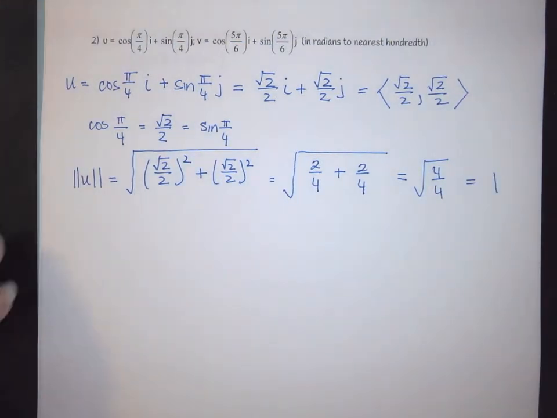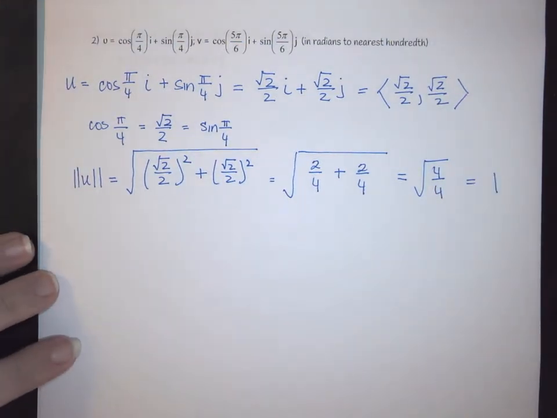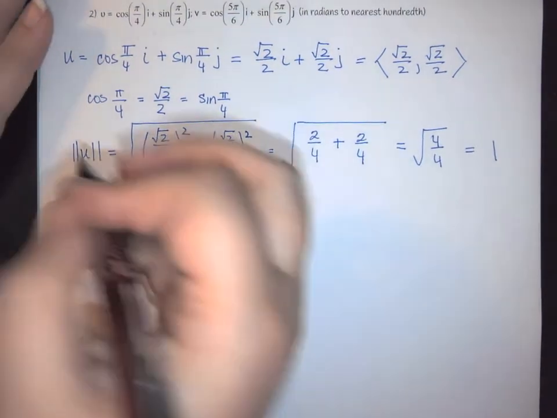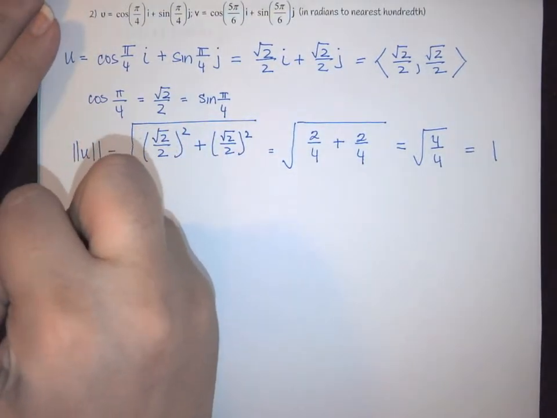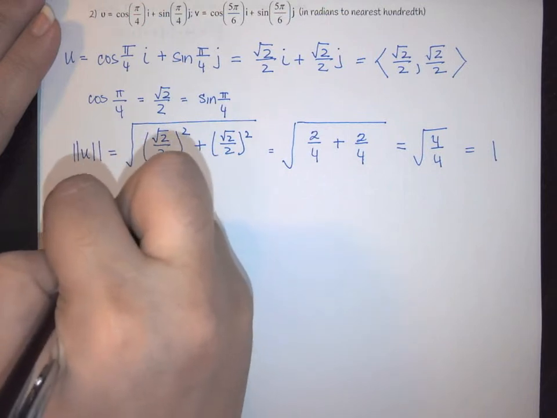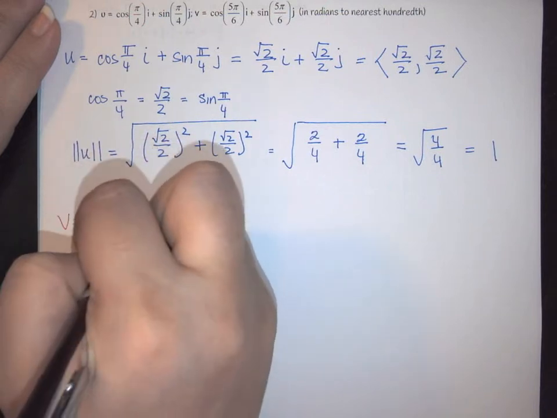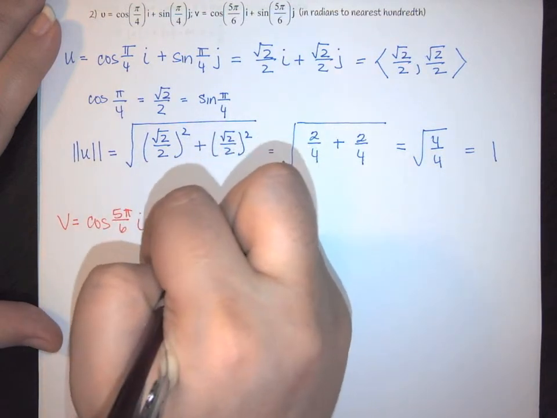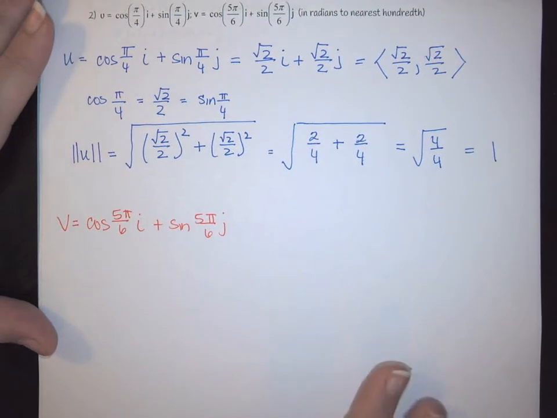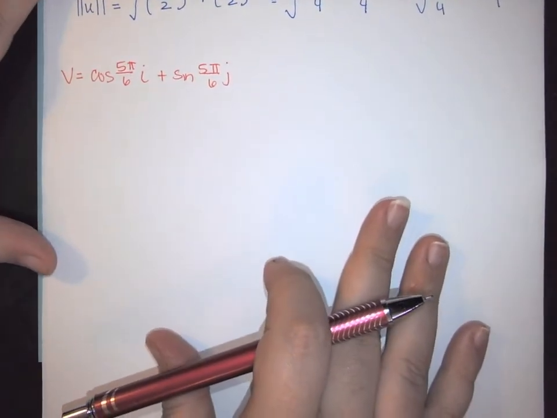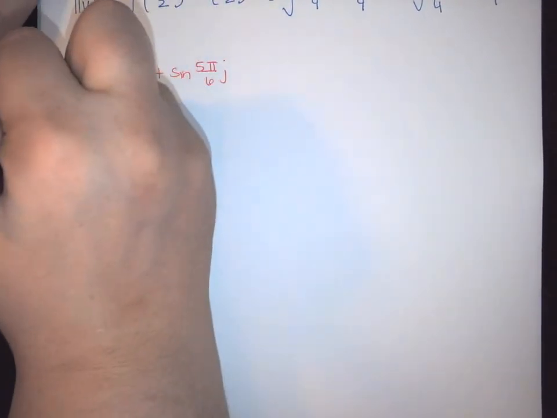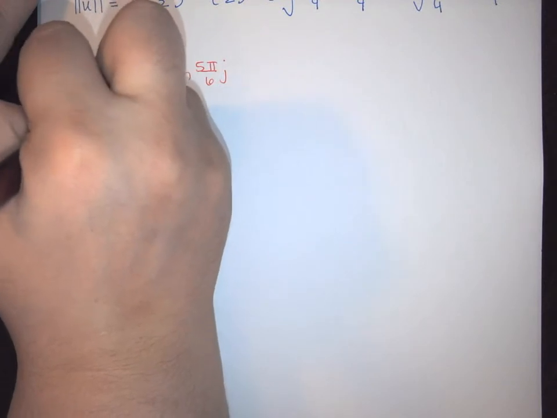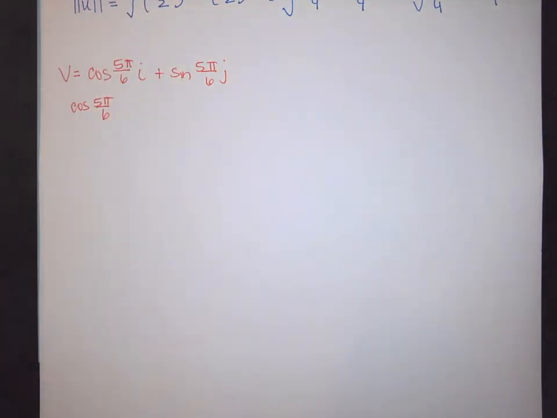Okay, let's take a look at v. So v is equal to the cosine of 5 pi over 6 i plus the sine of 5 pi over 6 j. When we look at the cosine of 5 pi over 6, we know that's going to be on our unit circle. So here's our unit circle.